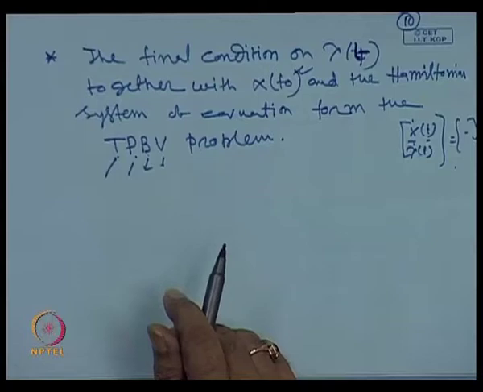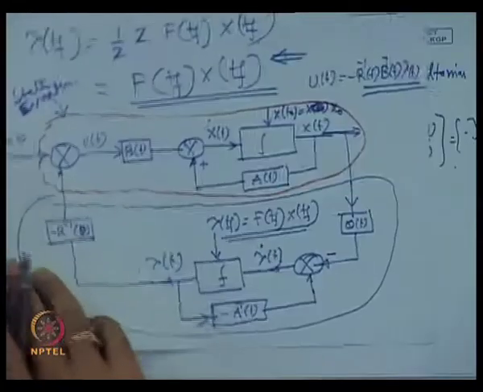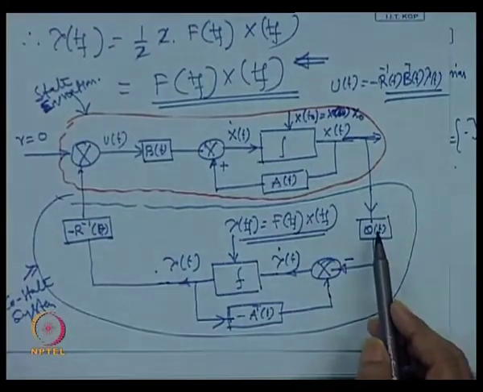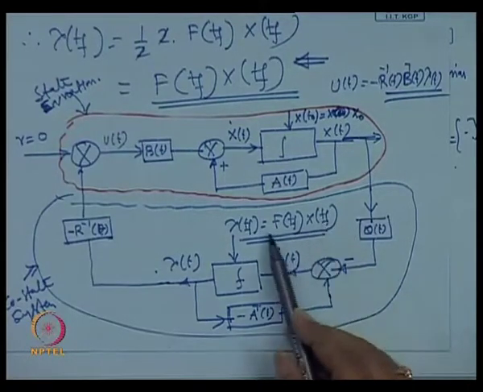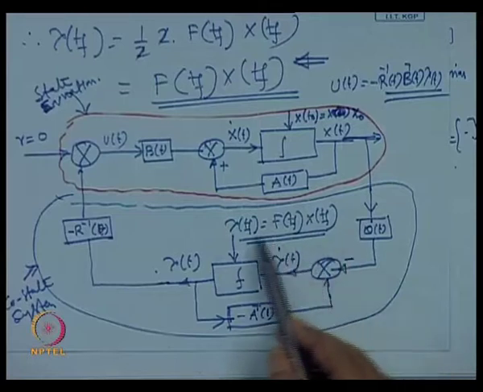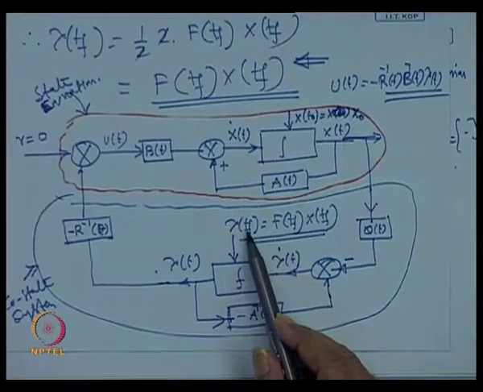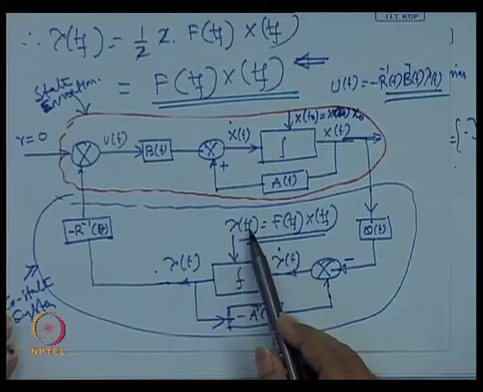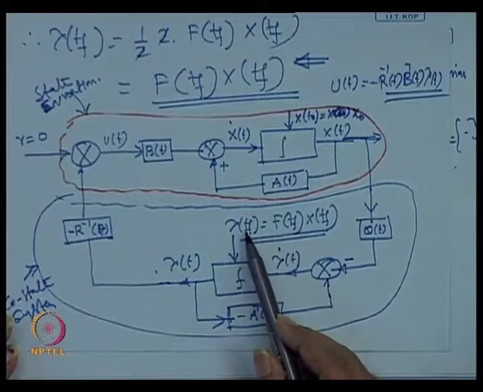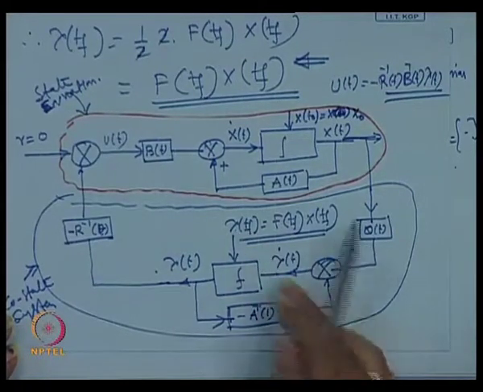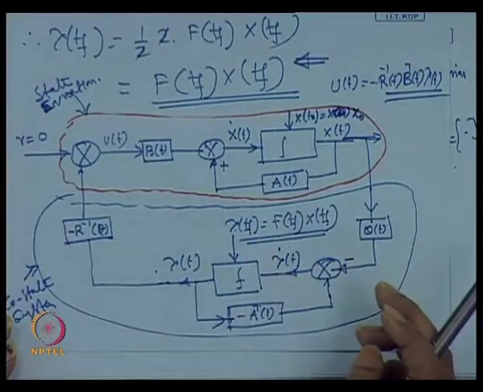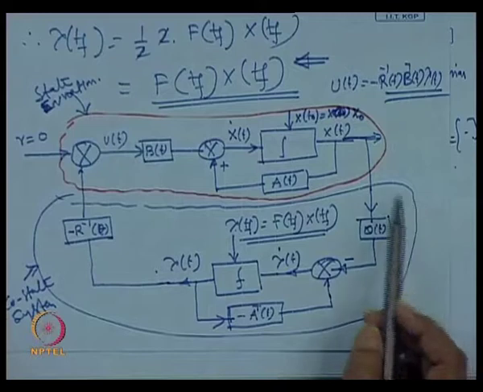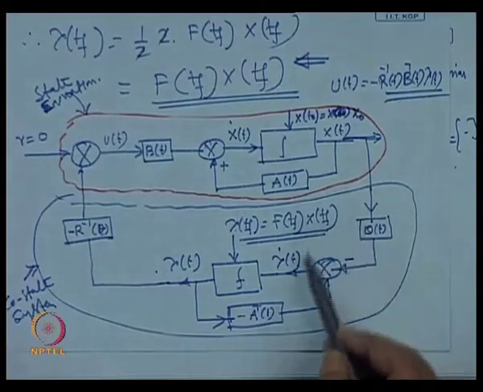Now look carefully, see this one. How will you solve that one? If the final condition lambda t f is known to you, then we can solve this one in backward integration form. Agree?